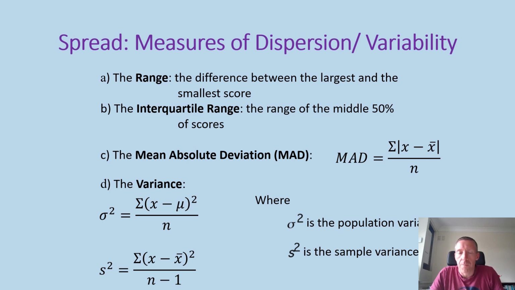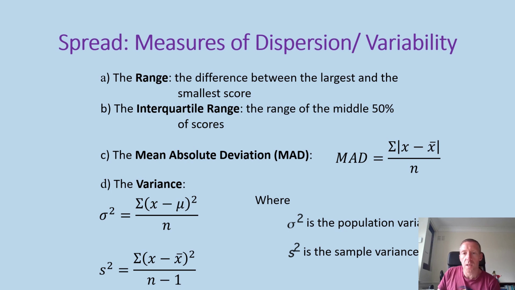You've got a straight vertical bar, then x minus x bar, which is the sample mean, and then another vertical bar. Those two vertical bars just mean take the absolute value, the absolute value being the distance from 0. So effectively you're ignoring negative signs when you do this.